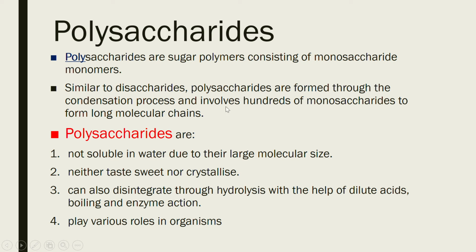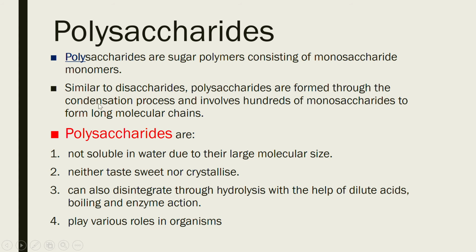But the difference is that it involves hundreds of monosaccharides forming long molecular chains. Just now disaccharides had only two monomers, but here, since it is polysaccharides, hundreds, poly tu banyak, a lot of these monosaccharides combine.